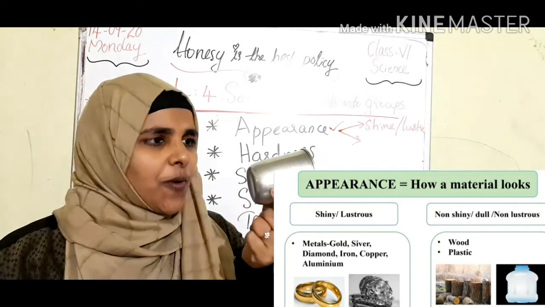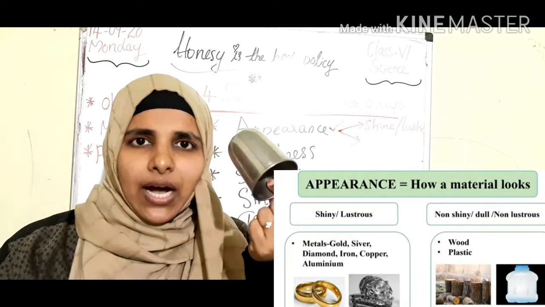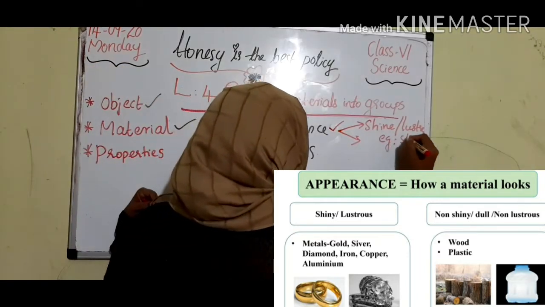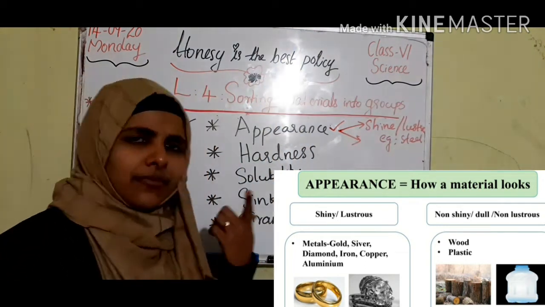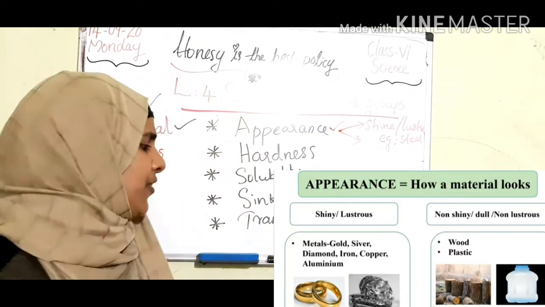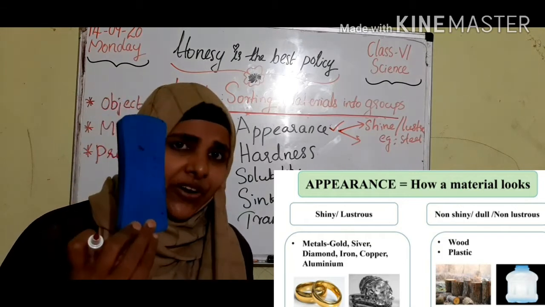So in the first property, through the appearance we know that, right? Some shiny examples we can write are steel or gold. But some objects are not shiny, or non-lustrous, as we call it, suppose this duster. Is it shiny, children?